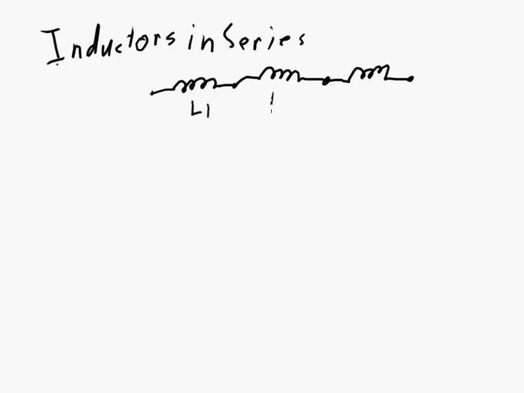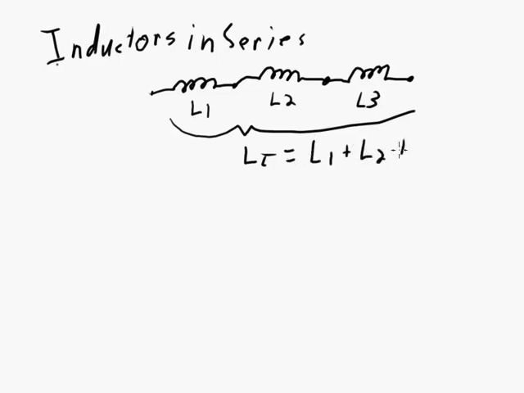We'll call that L1, L2, and L3. And if we wanted to know what the total inductance was across all those inductors, well, we could figure it out. And actually, I want to leave that as an exercise for you to figure out, but the total inductance is going to be equal to L1 plus L2 plus L3.